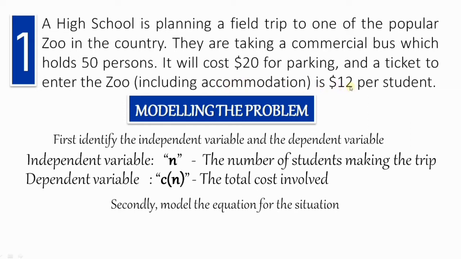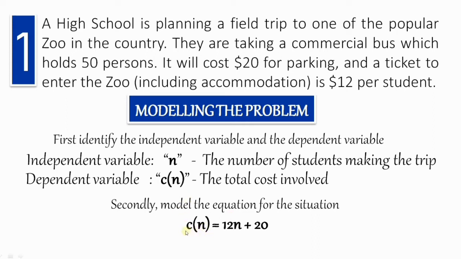The cost of the entrance to the zoo is $12 per student, so the number of students multiplied by 12 gives us the cost of entrance into the zoo. The total cost of the trip will be 12 multiplied by n plus the $20 for parking. In equation form, that is c of n equals 12n plus 20. So you can see clearly that the cost of the trip is a function of the number of students making the trip.